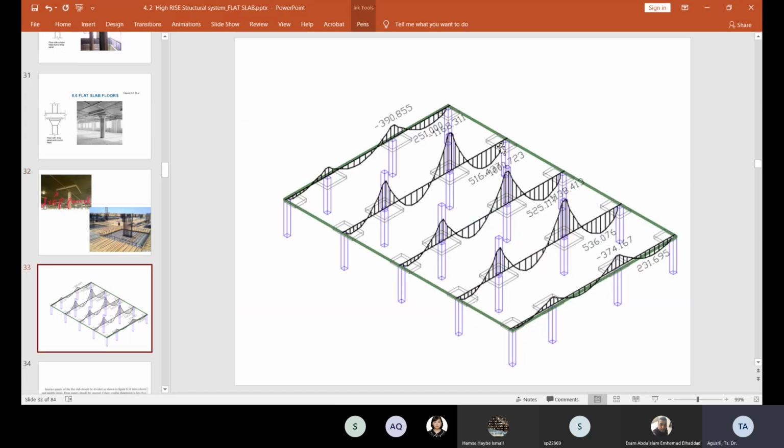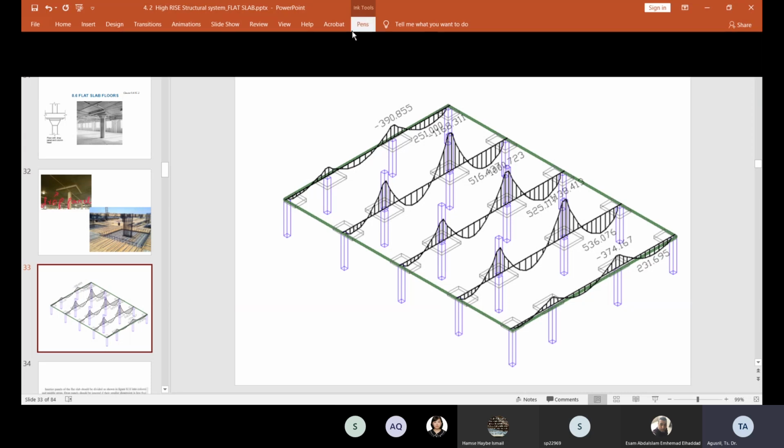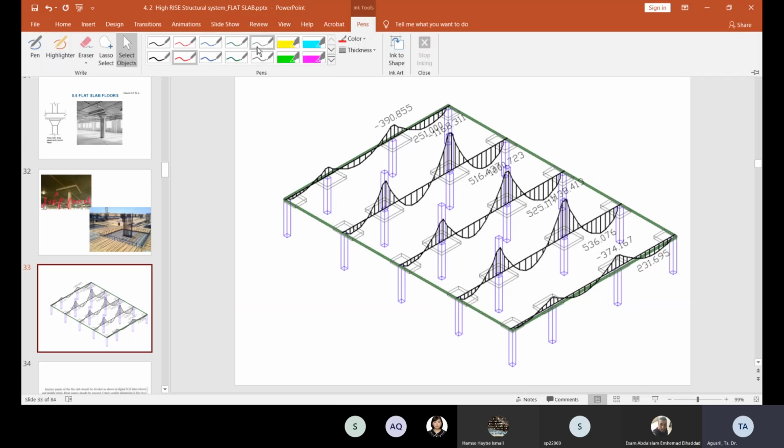In order to check whether the slab is sufficient or not, we need to do analysis on the building. From the analysis we can have the bending moment diagram along the column strip here, and then also we will have the shear force diagram.